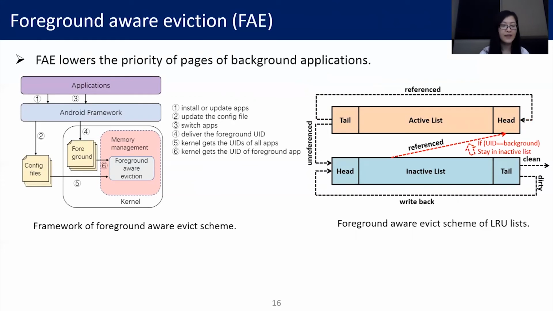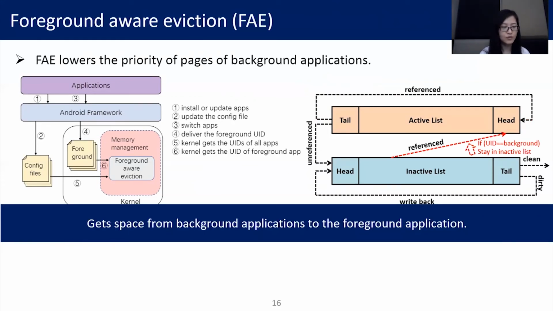It's the same in the inactive list. So FAE can extract space from background applications and allocate it to foreground applications, and thus reduce foreground page refaults. Notably, music and video players can be excluded from background applications, and thus their priority will not be lowered.